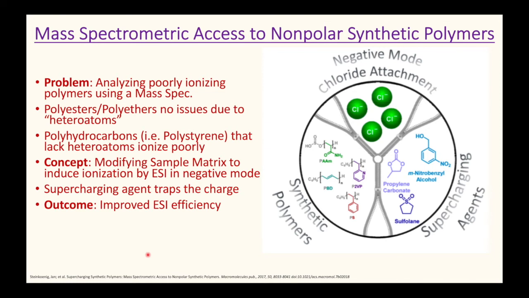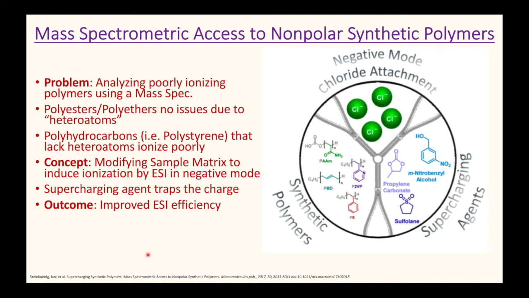Now, if we could modify the sample matrix in such a way that we could also analyze nonpolar polymers, we would essentially be one step closer to developing a universal method of ionization that would be applicable for all polymers. So at least that's the goal, and as you can see, much research is still needed in this area of polymer science.